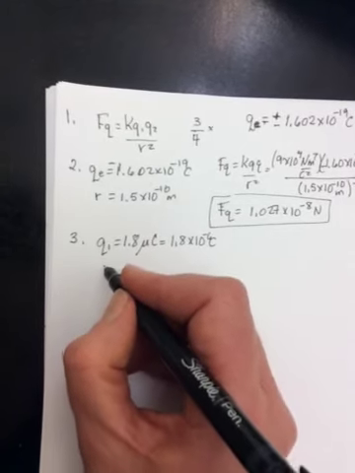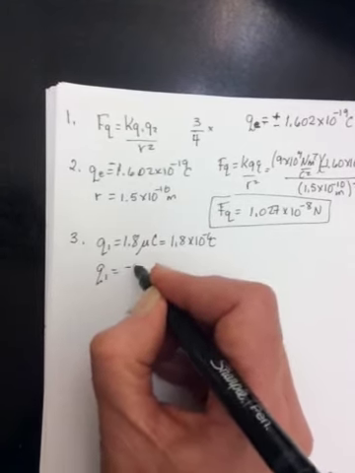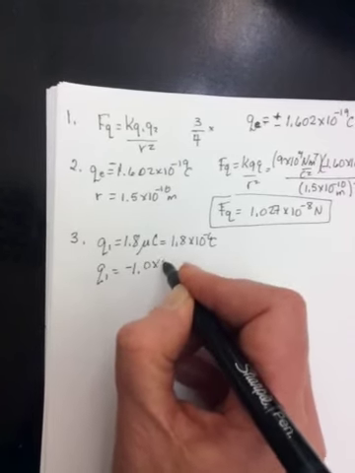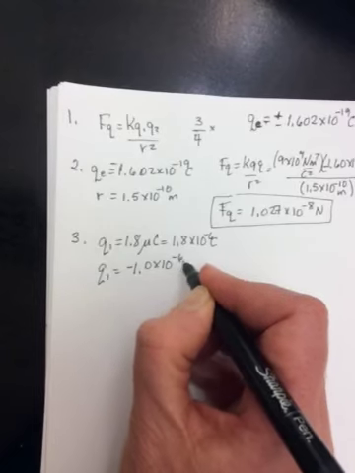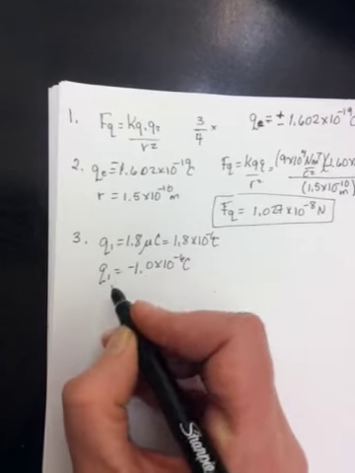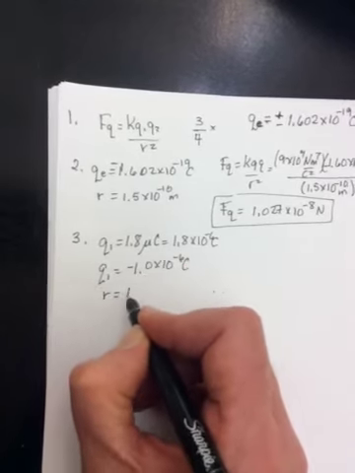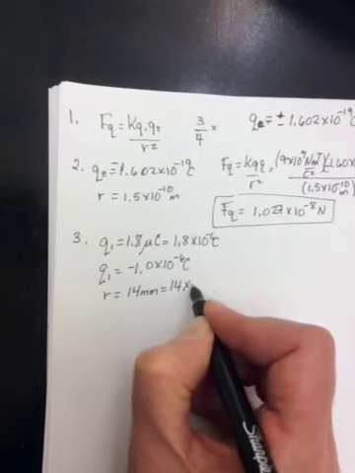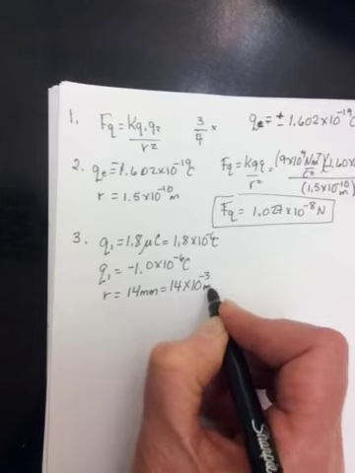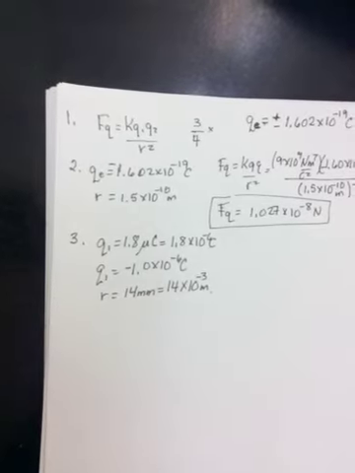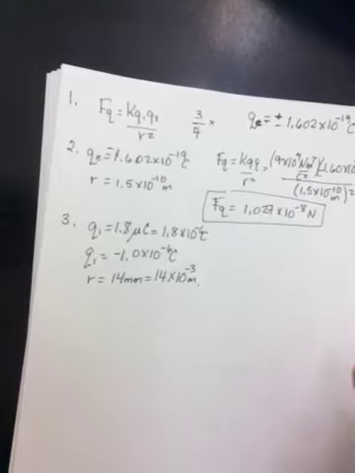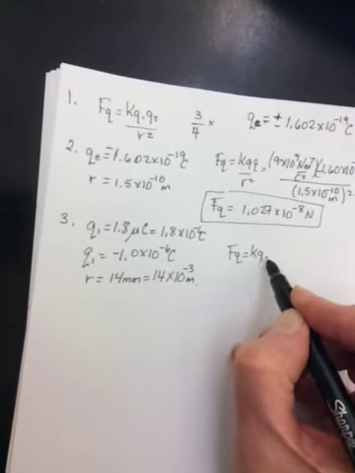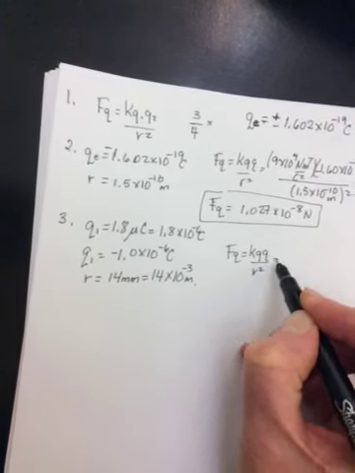And charge B has a charge of negative 1 microcoulomb, so 1 times 10 to the negative 6 coulombs. And they are 14 millimeters apart. So r is 14 millimeters, or 14 times 10 to the negative 3 meters. And yes, I know that's not in proper scientific notation. What is the force on charge A? So F_Q is equal to K Q Q over r squared.